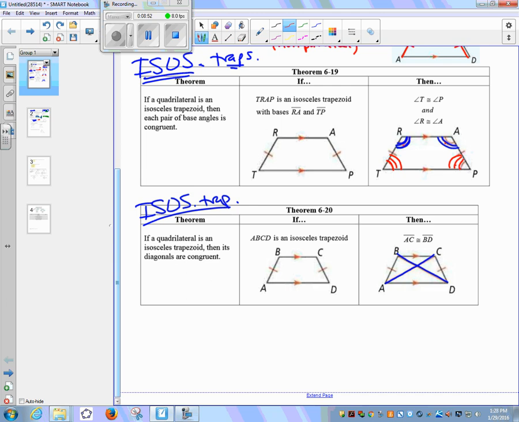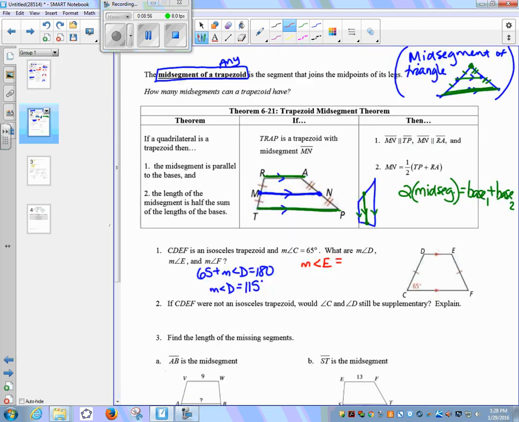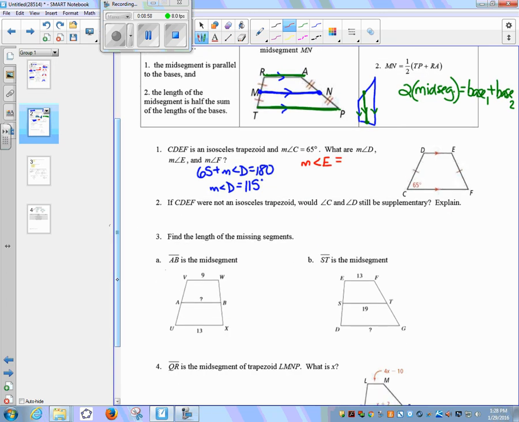So, back to this problem. If this is 115, that means this one would have to be 115. So E is 115 as well. And then F would also be 65 because of that same theorem that says base angles are congruent in an isosceles trapezoid.